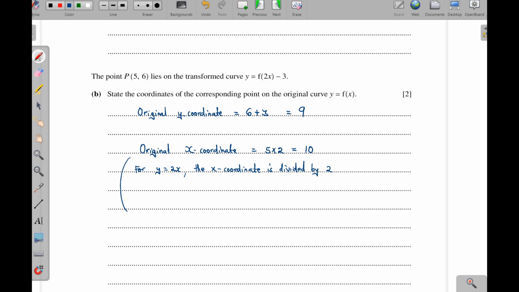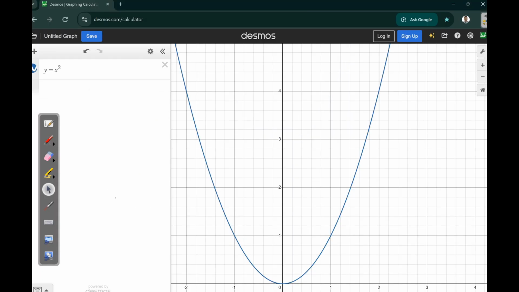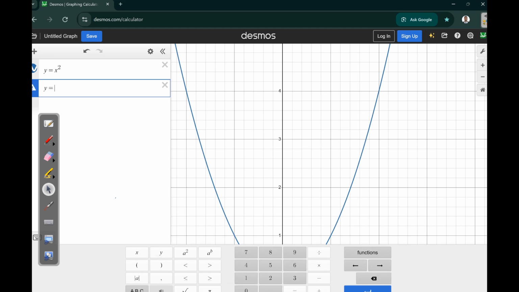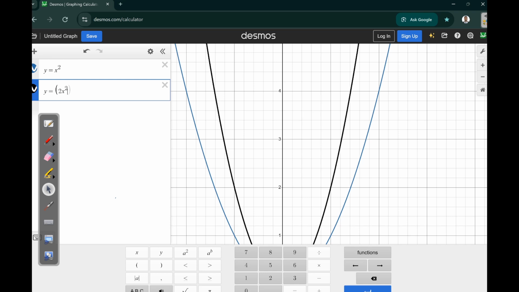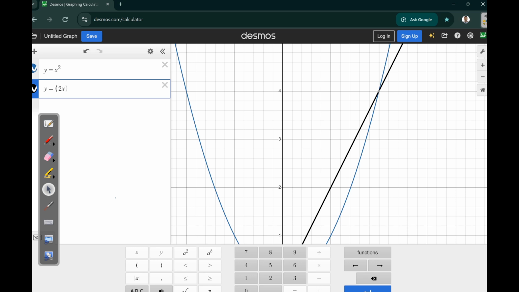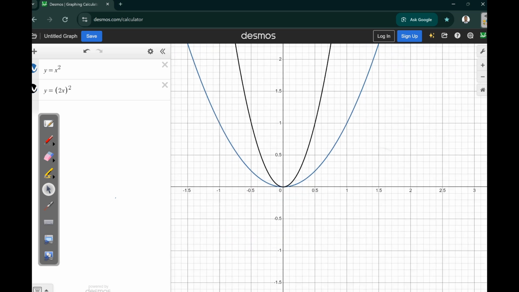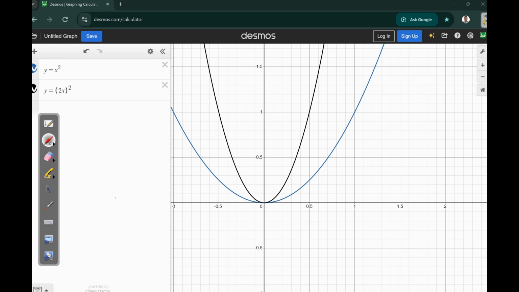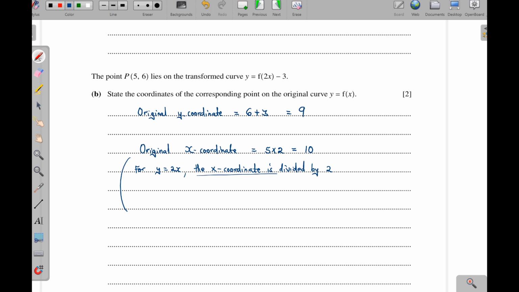You remember on this diagram here that if you have y is equal to, then we put 2x squared. No, it's not like that. We have that, then squared. The x coordinate here, the original x coordinate, is now divided by 2 to give you this one here. But here we have a 2. You see that? So that is why I'm saying here that the x coordinate is divided by 2 to give 5.